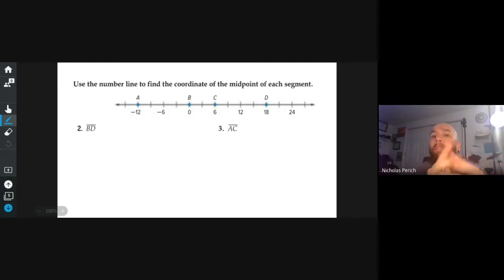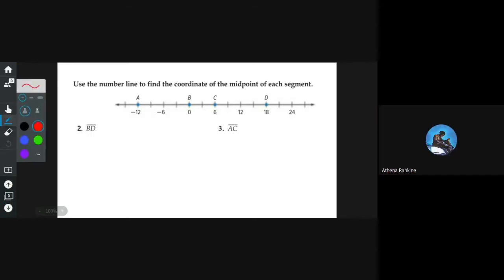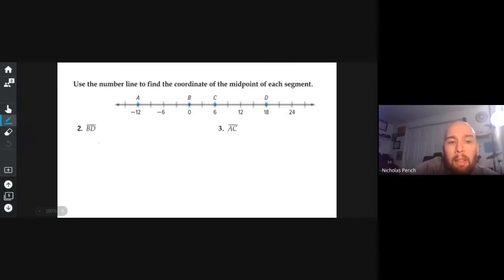This is a number line. So where does B live? 0. And where does D live? 18. How many objects do I have? How many objects makes up BD?